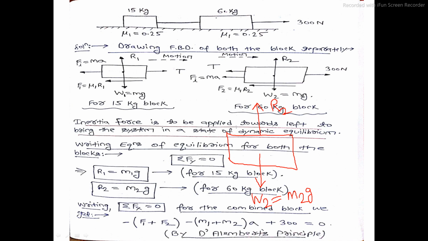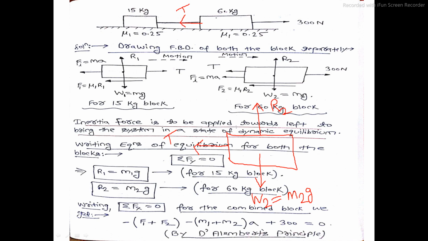The 60 kg block is connected with the 15 kg block by a string. So the string will exert a tension, and the direction of the tension force exerted by the string is this one, T. So for this 60 kg block, this is the direction of tension force exerted by the string. Fine.